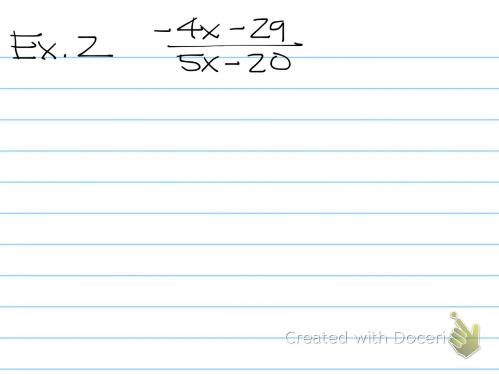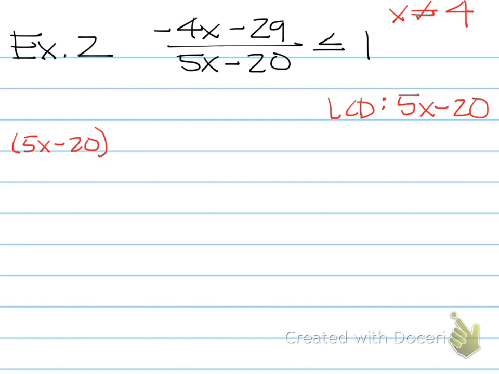Next example. First, we need to determine what x cannot equal by setting the denominator equal to 0. When we set that denominator equal to 0, we determine that x cannot equal 4. And then the lowest common denominator is going to be 5x minus 20. We'll multiply both sides by 5x minus 20.